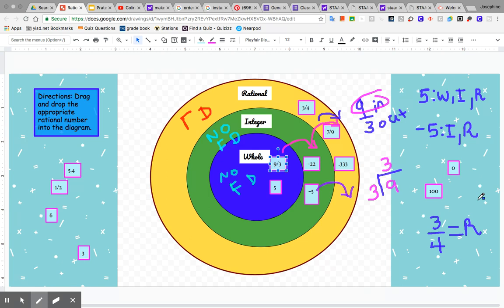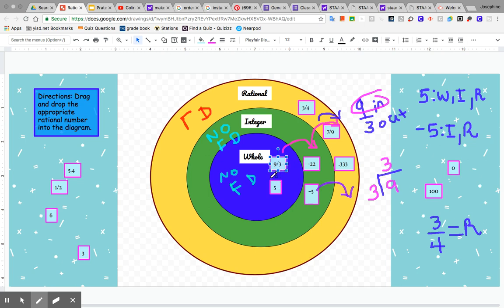Okay, but the whole point of the diagram is to place it where they first belong. So 5 first belongs in the whole number section. Negative 5, its first classification is the integer section. And 3/4, its first classification is the rational number section. So when we read this diagram, we read from the inside out.